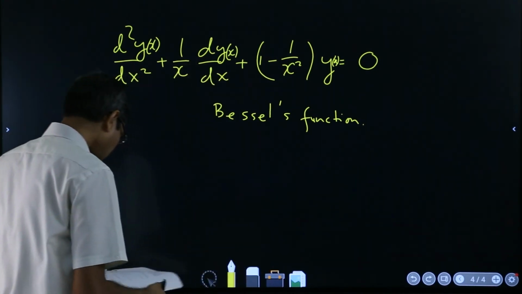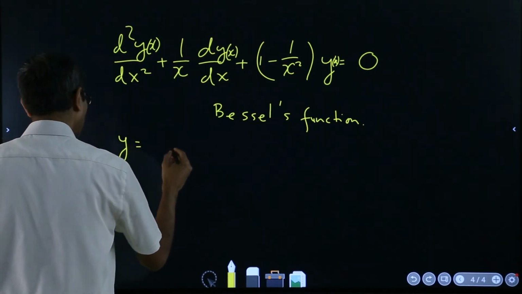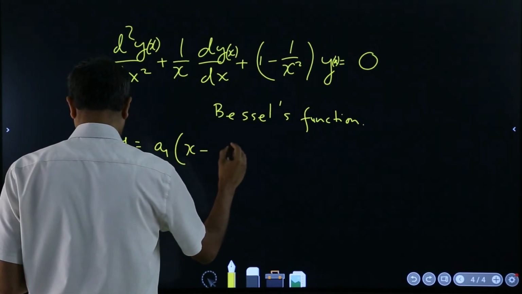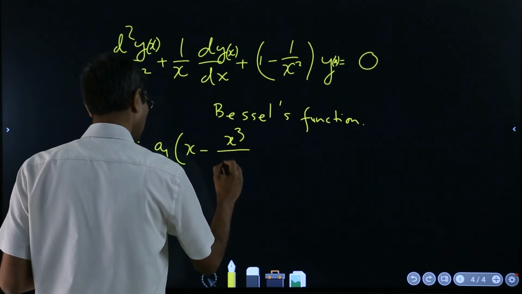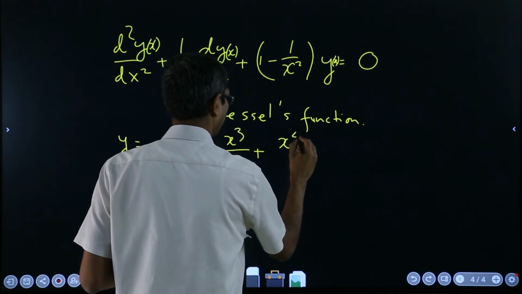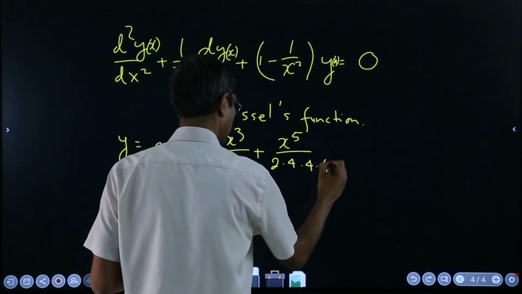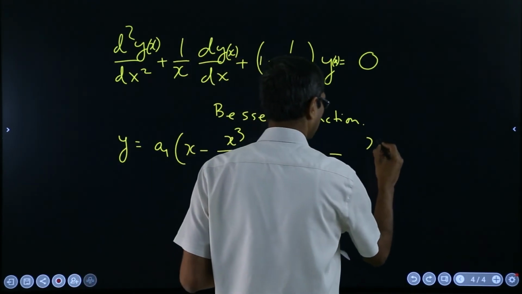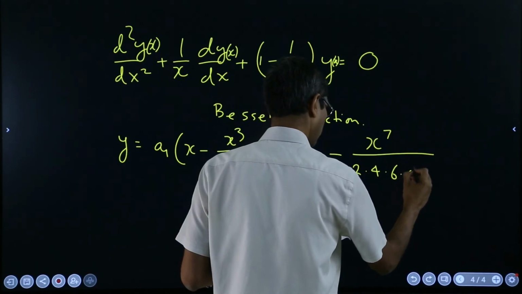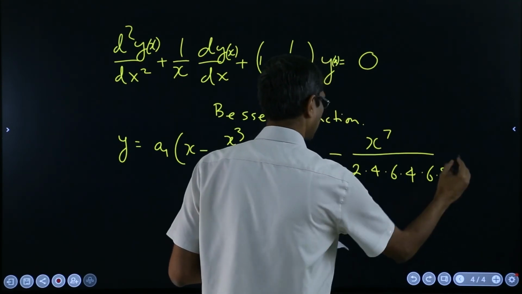In fact, let me write that, you can try it out. You will get something like a1 times x minus x cubed by 2 times 4 plus x fifth by 2 times 4 times 4 times 6 minus x seventh over 2 times 4 times 6 times 4 times 6, something like that.